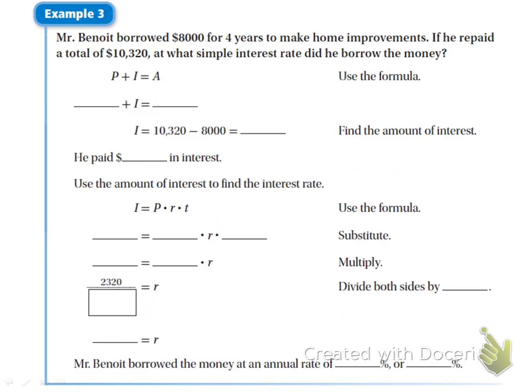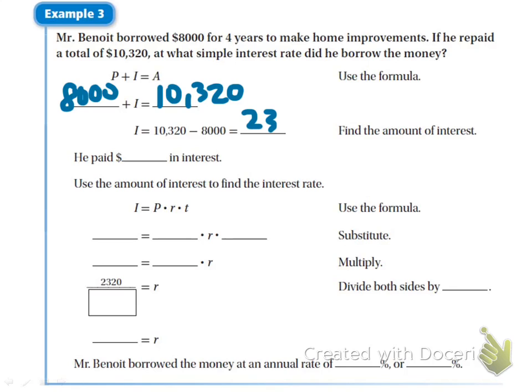Mr. Benute borrowed $8,000 for 4 years to make home improvements. If he repaid a total of $10,320, at what simple interest rate did he borrow the money? So now we're going to substitute in the principal, which was $8,000 plus I equals $10,320, how much he repaid back, and we're going to subtract this to find the amount of interest.